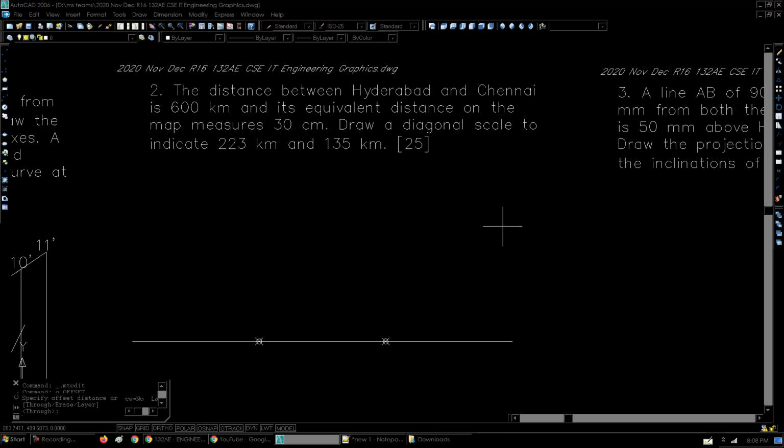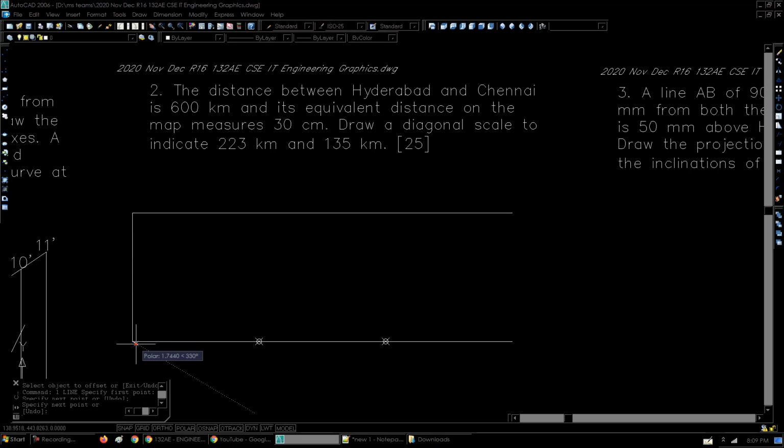Now the height of a diagonal scale will be 5 centimeters if you are making 10 smaller subdivisions, or it will be 12 divisions if you are making a conversion of feet into inches. So in this case, of course, we need 10 smaller divisions, so the height of this scale we are supposed to take as 5 centimeters. After having taken this, we'll have to draw a vertical line here.